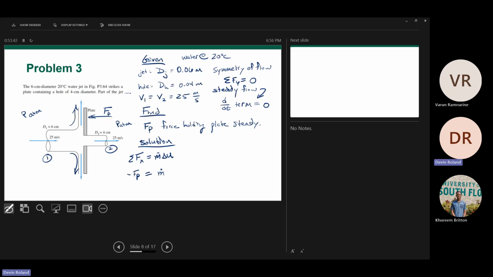We're not thinking about the pressure in the jet. The pressure that's impacting the outside of the jet is atmospheric pressure, because there's no pipe containing it, and so we end up with just that force term.